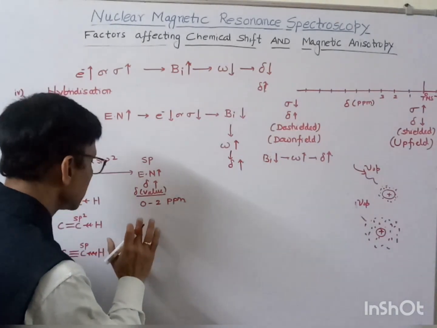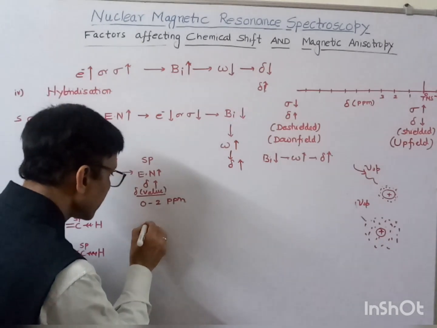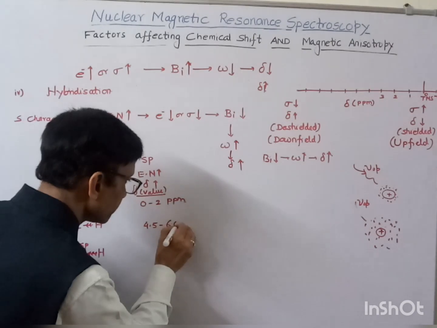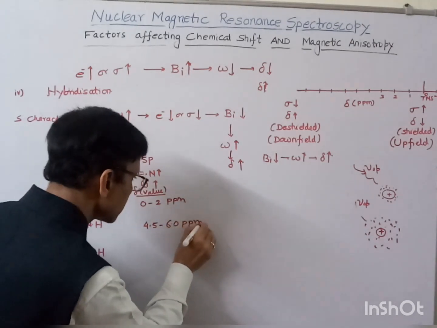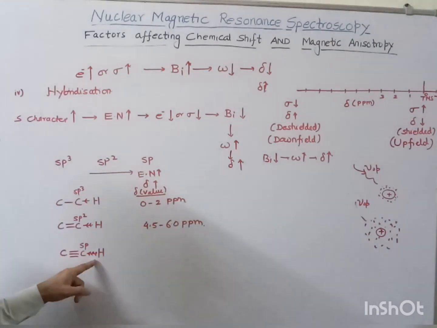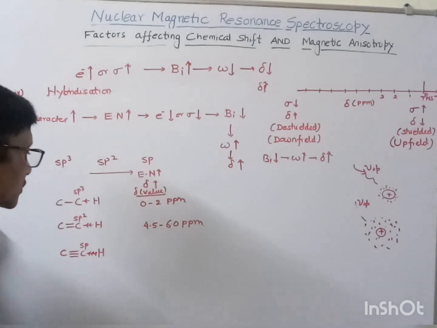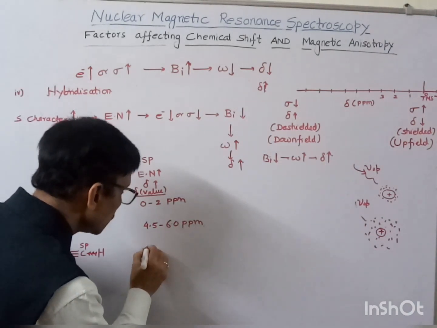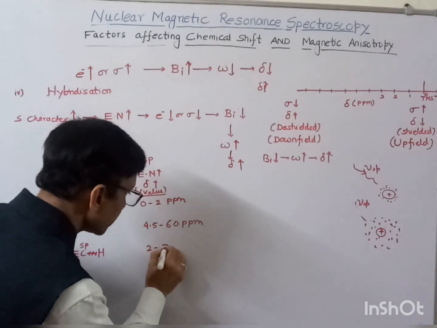In this case, this has a delta value of around 4.5 to 6 ppm, whereas the proton connected to sp hybridized carbon has a delta value from 2 to 3 ppm.